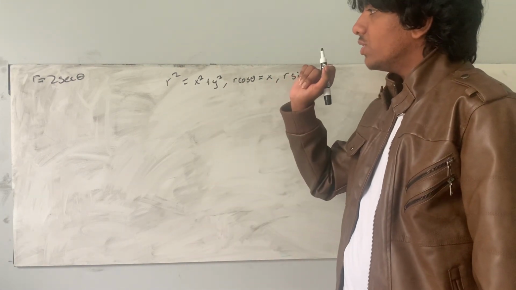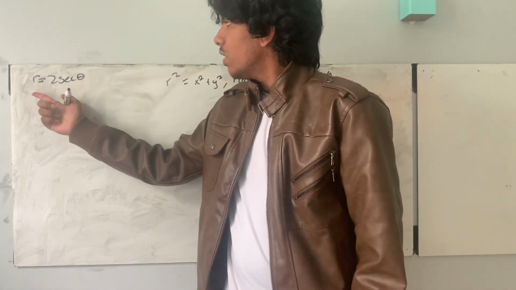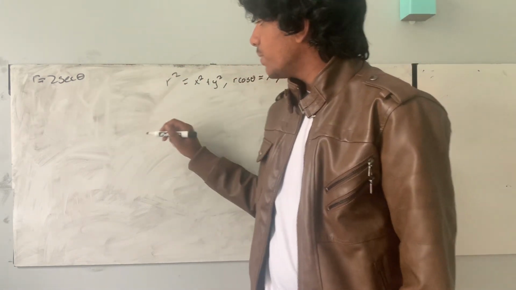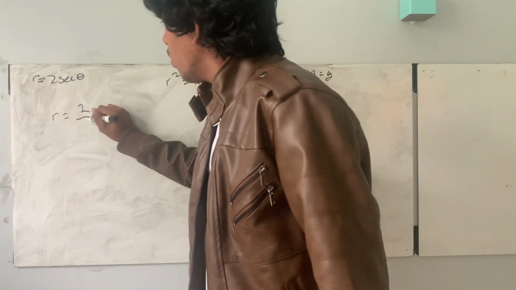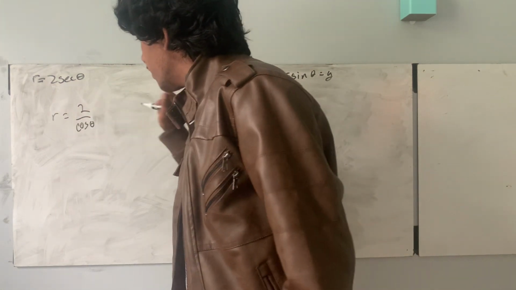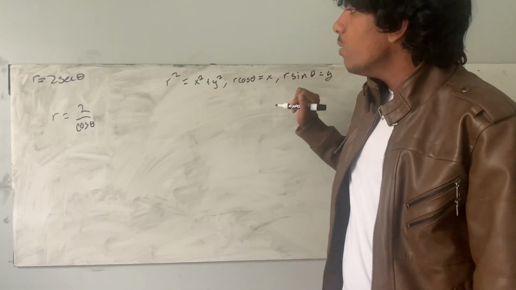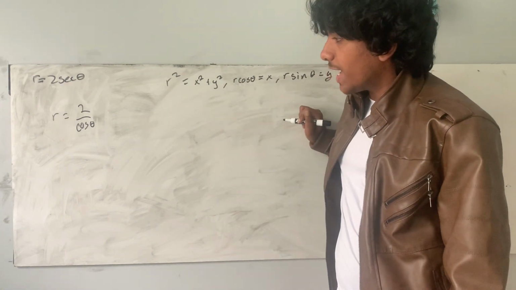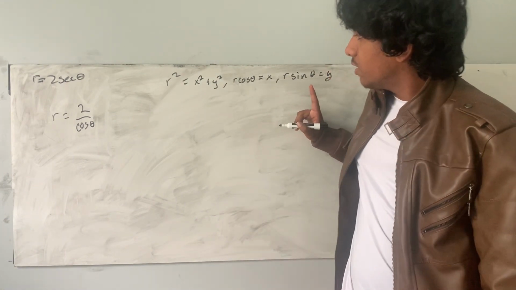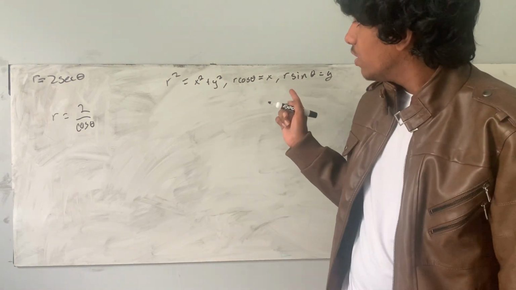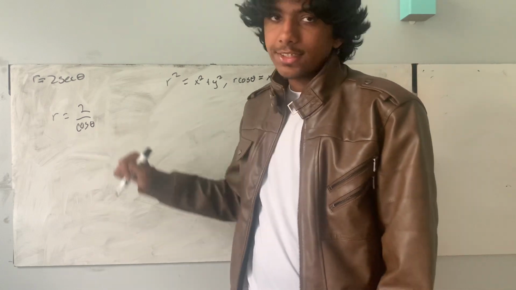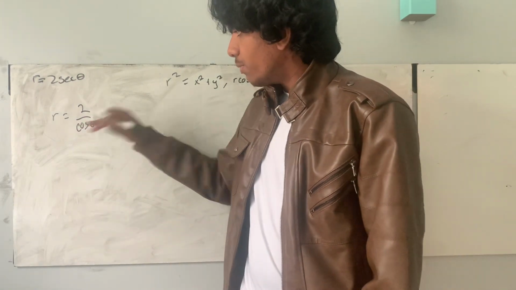So let's do that. We have a secant. Let's rewrite that as r equals 2 over cosine of theta. Now, one thing I do notice, if I can do this in one fell swoop, r cosine theta is x. So if I get an r next to this cosine theta, I'm done for that one.